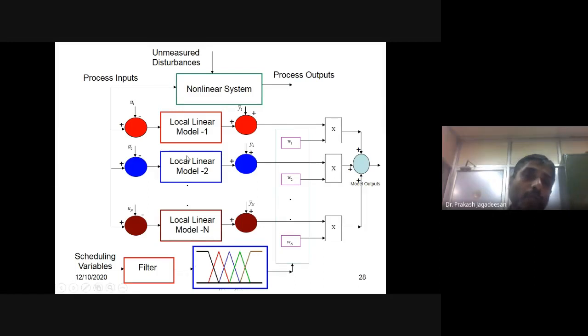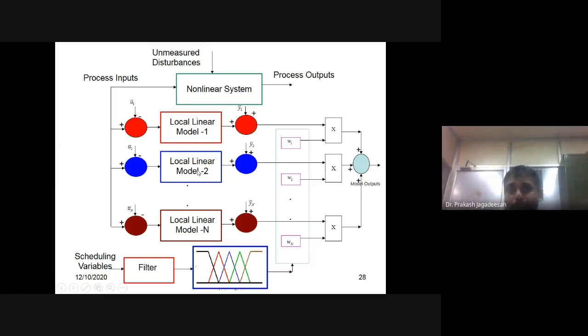So here, for local linear models, one can use simple neural networks. Or you can even use nonlinear models here. You can combine a bank of nonlinear models. If the system is highly nonlinear and you're unable to capture it using linear models, maybe let's say the second operating point is highly nonlinear, I can build a nonlinear model here. In the first region it could be linear, so I'll build a linear model.